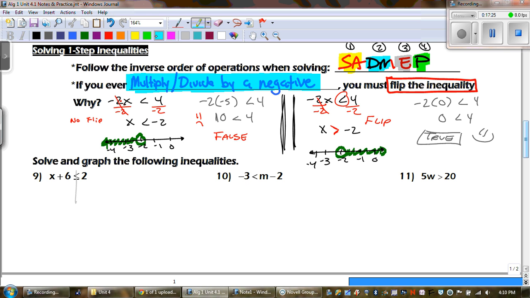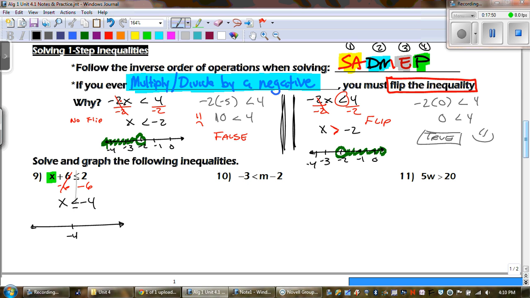So there's my variable. It's on the left. To get rid of the x, I'm going to subtract. I did not multiply or divide, so my symbol stays the same. And 2 minus 6 is -4.